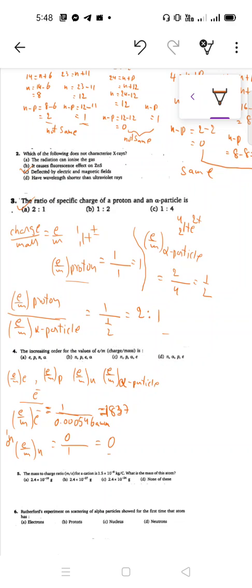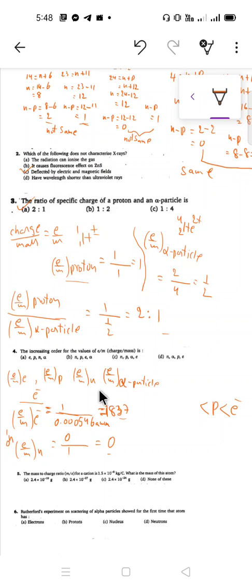Increasing order for the values of E by M, charge by mass. Electron has the greatest E by M value, 1837 here. Next one is proton, E by M value equal to 1.